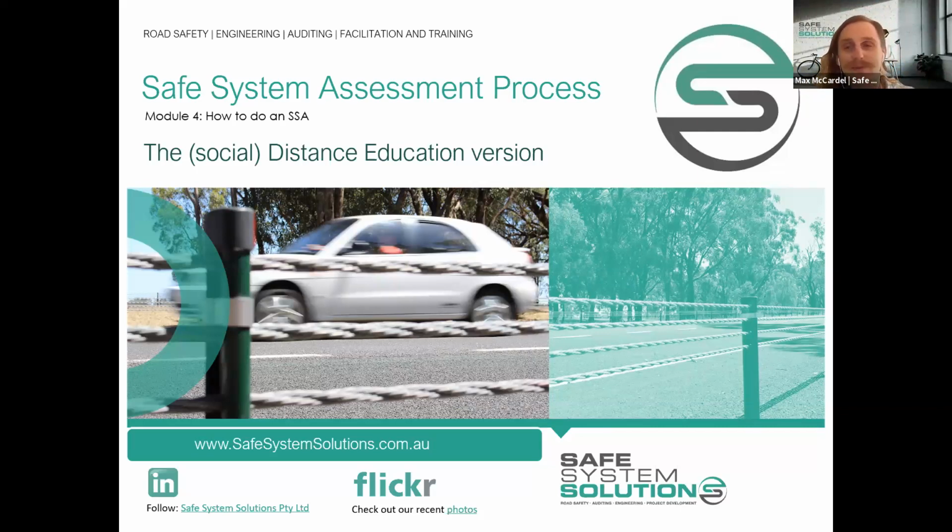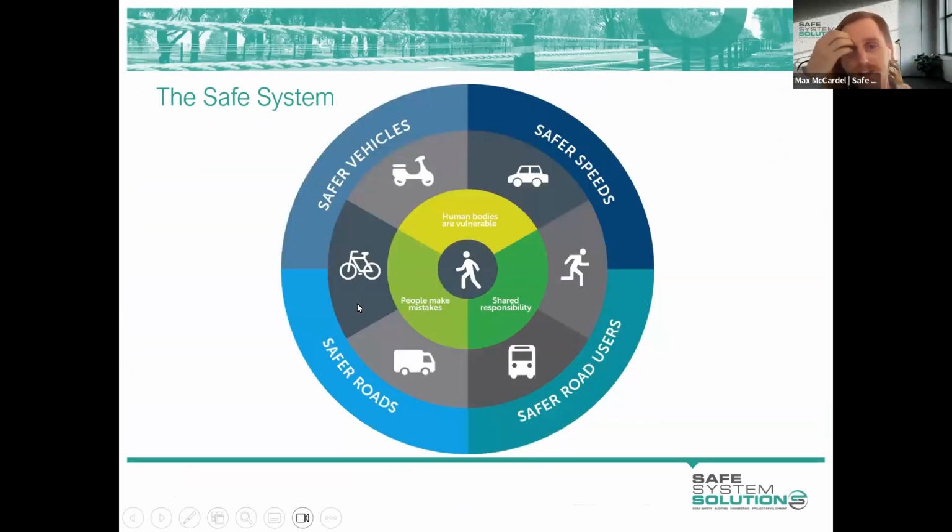So hopefully we get a bit more of an applied approach in today's session. We've gone through things like the safe system. We've got a good understanding of this type of diagram and the pillars associated with the safe system, acknowledging that human bodies are vulnerable.